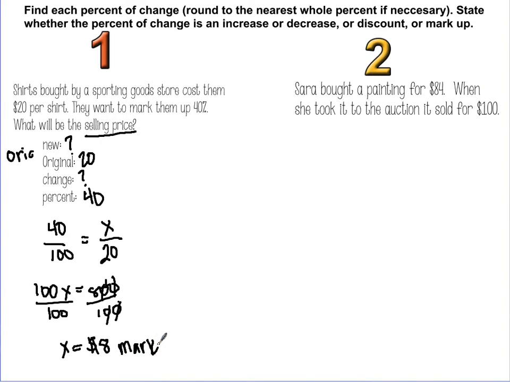The markup, like we talked about previously, is how much the store raises the cost by. They want to know what's the selling price. They're not going to buy a shirt for 20 bucks and then sell it for 8. That's just bad business. So what they do is they say, okay, here's what it cost us to purchase it. The 40% markup is $8. So we're going to sell the shirt for $28.